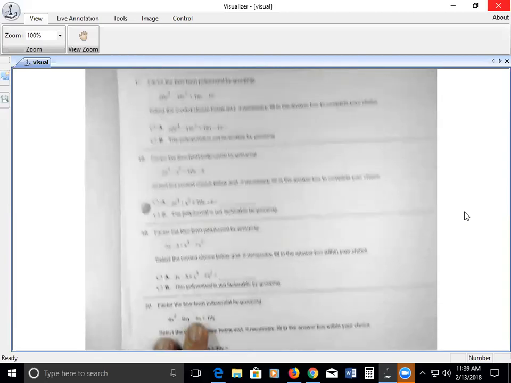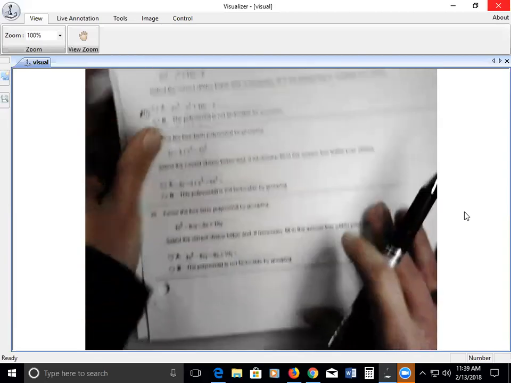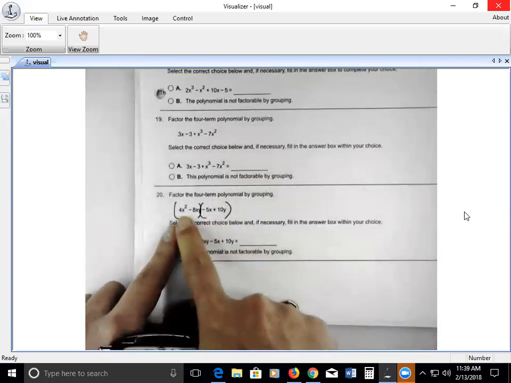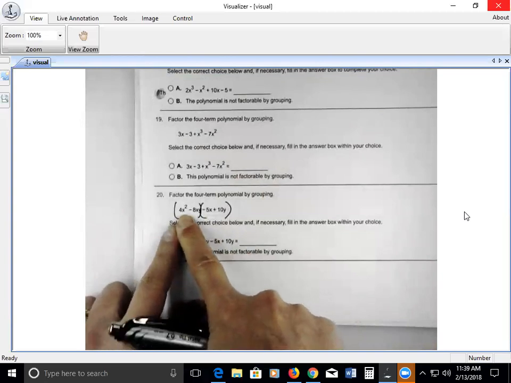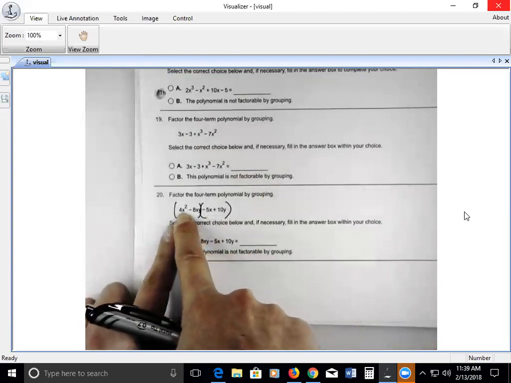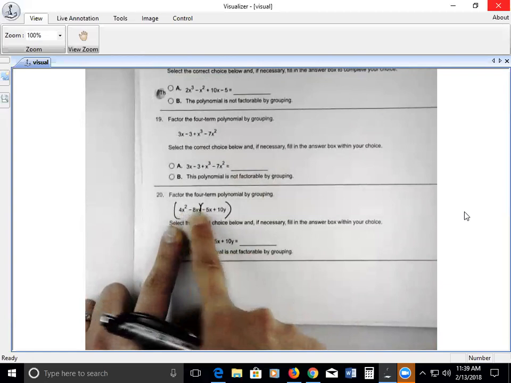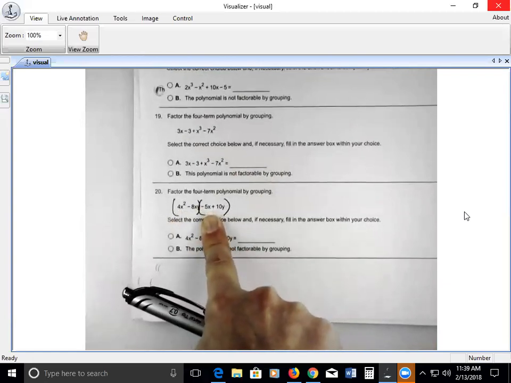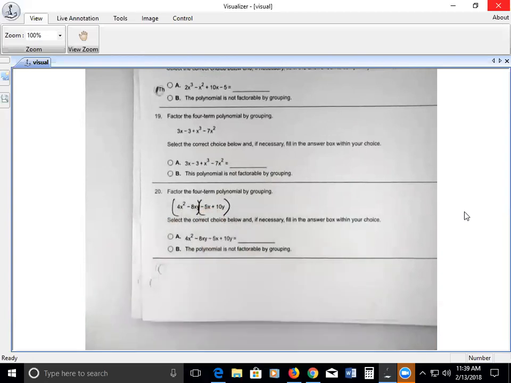I'm just going to do it on 20 for you. When you do your grouping here, look what happens. The first set has a positive numerical coefficient in the first position. Your second grouping has a negative in the first position. So what are you going to have to do? Extract out a -1. Put a star here.